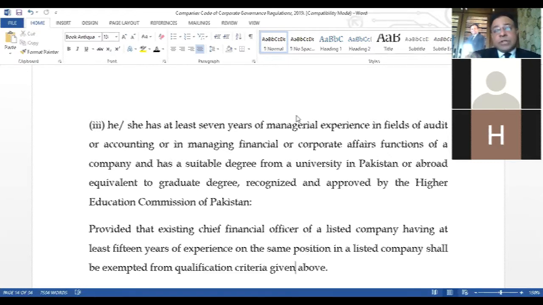He is well acquainted with the regulations meant for the corporate sector, and he is also well versed with the application, compliance and execution of those policies.